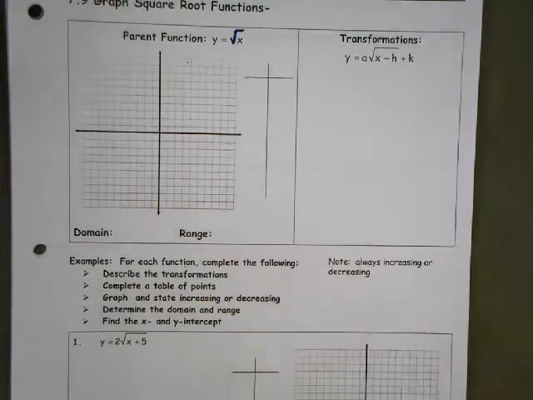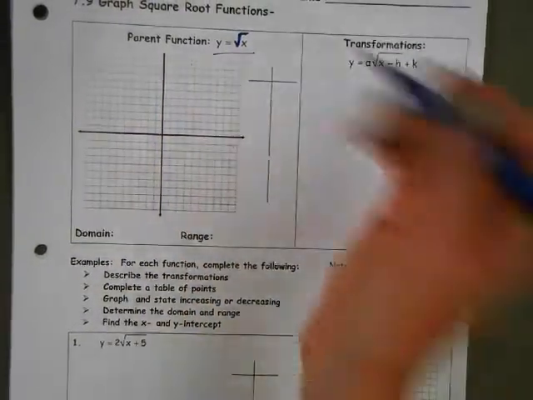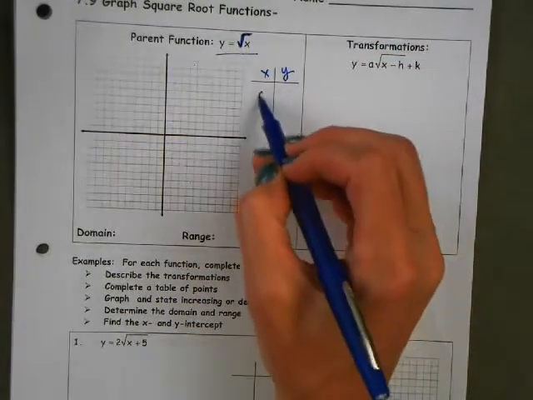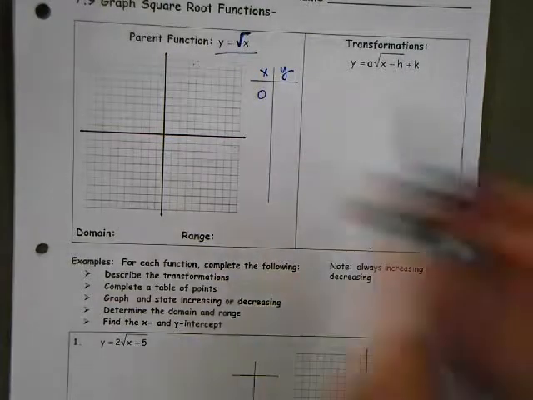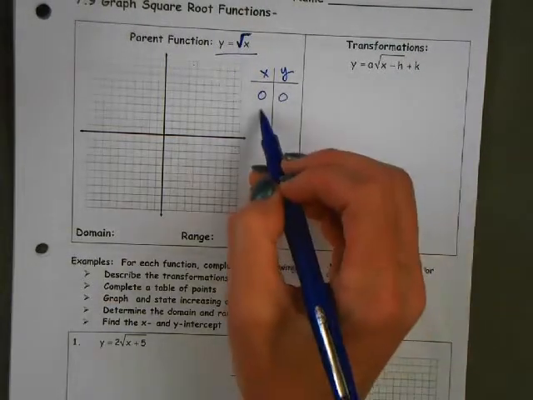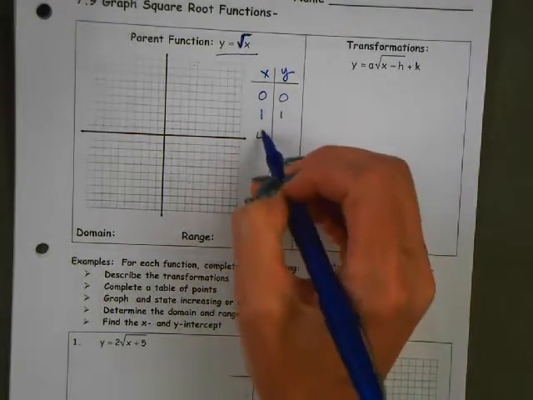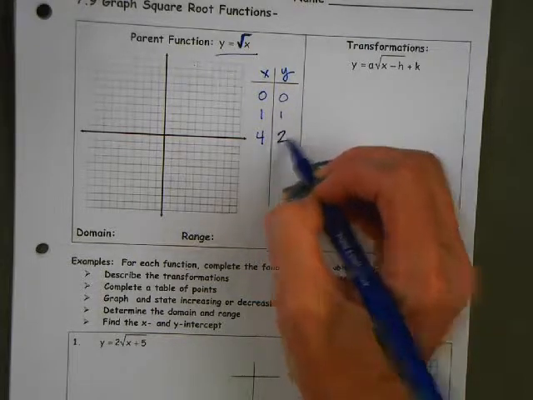So if I just plot out what this looks like, y equals the square root of x, it's going to look something like this. If I put in 0, what's y? Square root of 0 is what? 0. If I put in 1, what's the square root of 1? 1. If I put in 4, what's the square root of 4? 2.